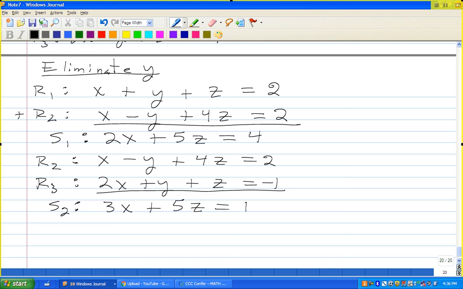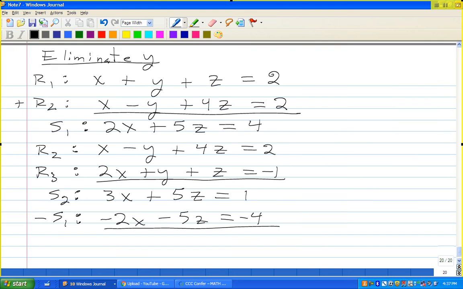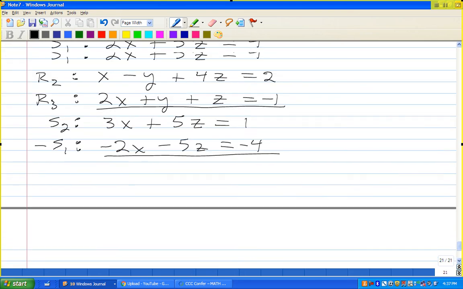And let's eliminate z. So let me subtract from that S1: minus 2x minus 5z equaling negative 4. So I get 3x minus 2x is x. The z's cancel. Equals negative 3. Good. Now let's figure out what z is.